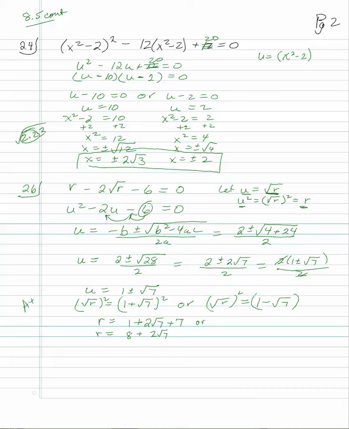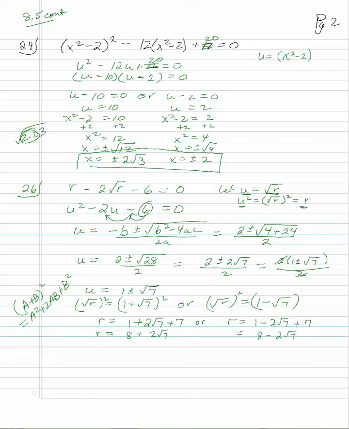A plus b squared is a squared plus 2ab plus b squared. A is 1 and b is square root of 7. So r is 1 squared plus, or in this case minus, 2 times 1 times square root of 7. So it's 2 square root of 7 plus square root of 7 squared is just 7.